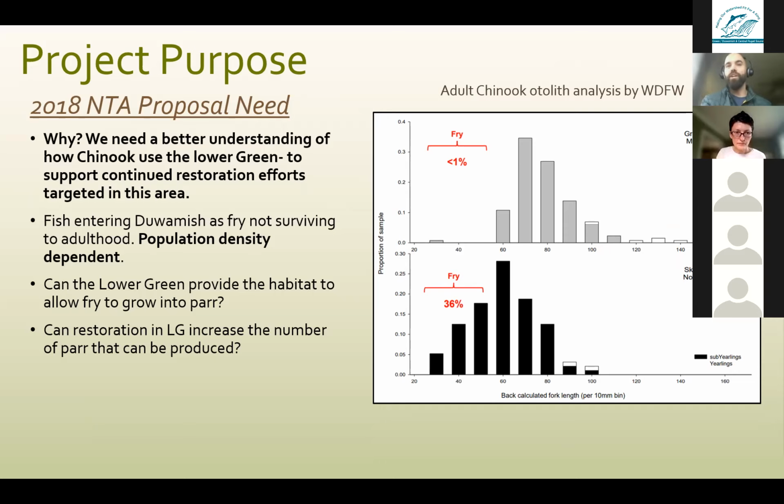So we know that our adult returns are limited by how many of these bigger parr that we can grow in the freshwater portions of the middle Green and the lower Green. And with that, we want to know, is the lower Green helping to produce those parr? And if so, can restoration in the lower Green increase the number of parr that can be produced, therefore boosting our adult returns in the future?